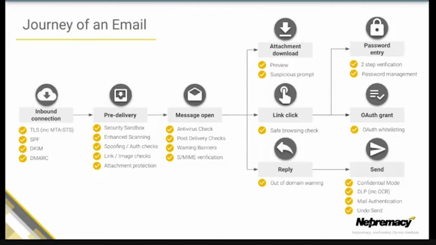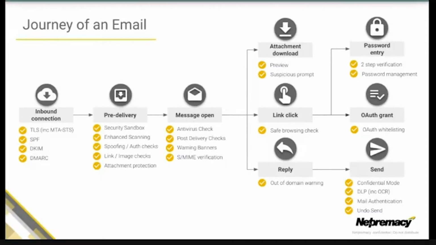To represent the protection available, we can follow the journey of an email at each step and where there's a defense mechanism. Starting immediately with the initial connection into your environment, mail authentication and encryption checks on the sending domain begin to determine the legitimacy of the source of the email.